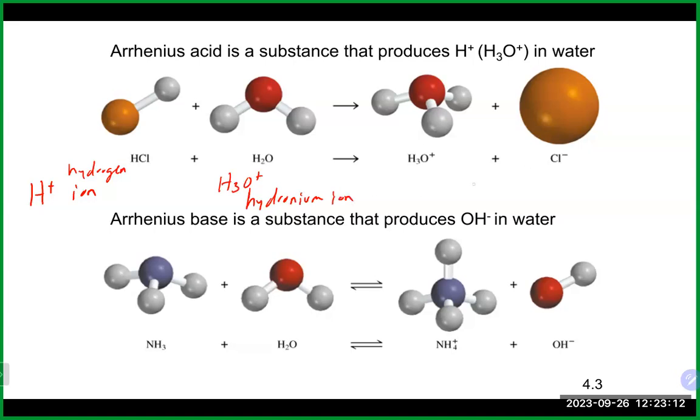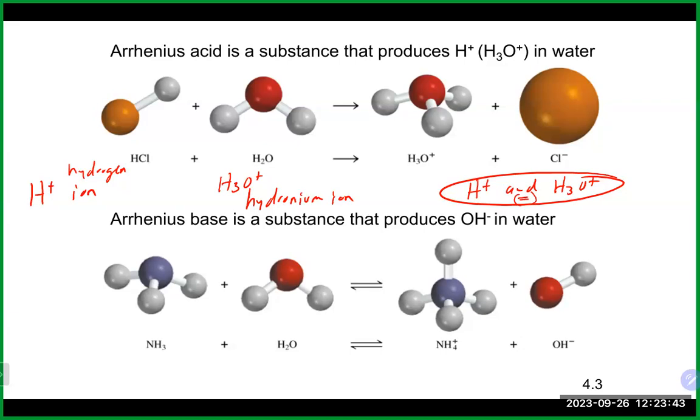And in acid-base chemistry, H plus and H3O plus are used interchangeably. You can use H plus in formulas and in equations, and you could use H3O plus in formulas and equations. I personally, most of the time, will use H plus.